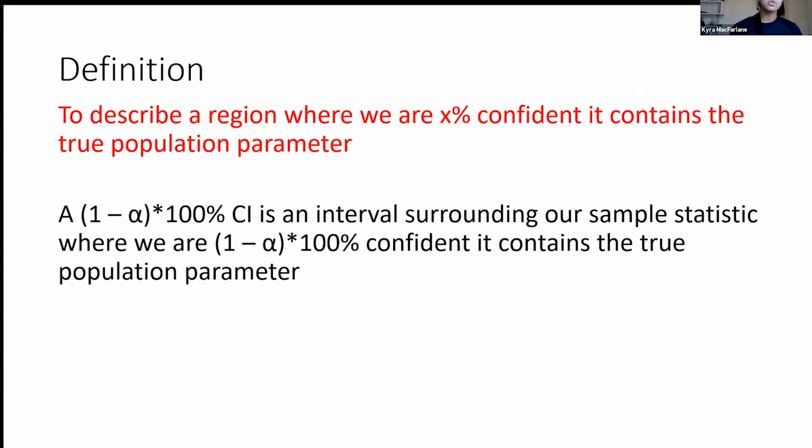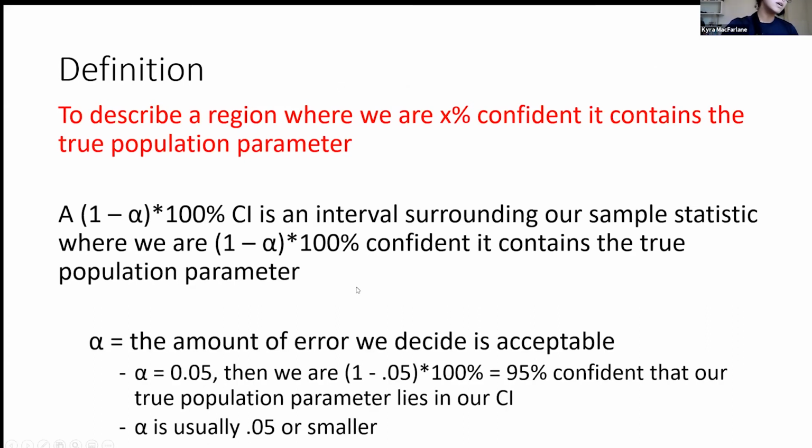It's an interval surrounding our sample statistic where we are 1 minus alpha times 100% confident that it contains the true population parameter, where alpha is the amount of error we decide is acceptable. Usually alpha equals 0.05. If that's the case, then we are 1 minus 0.05 times 100, 95% confident that our true population parameter lies in our confidence interval.